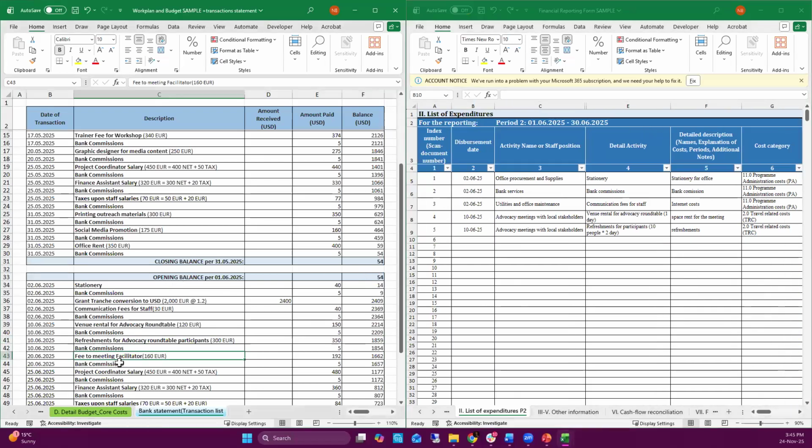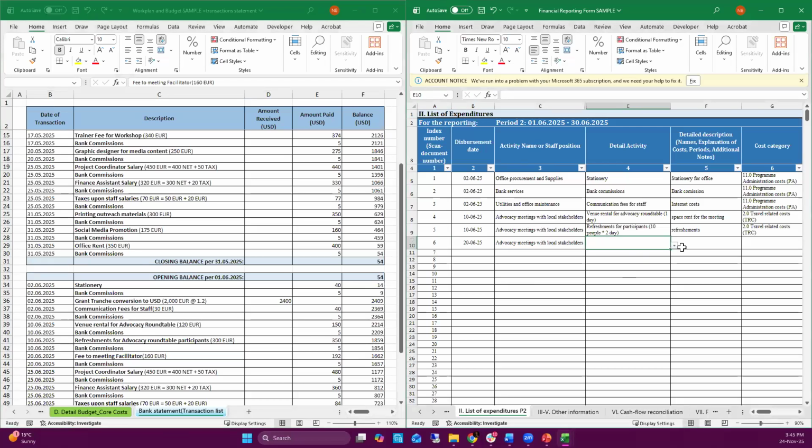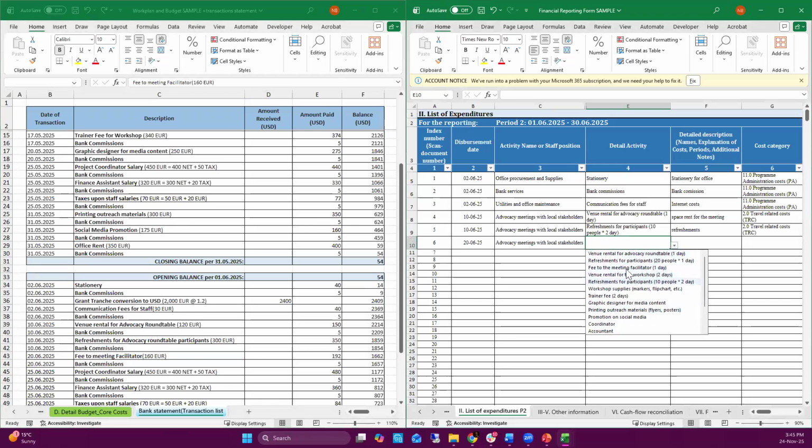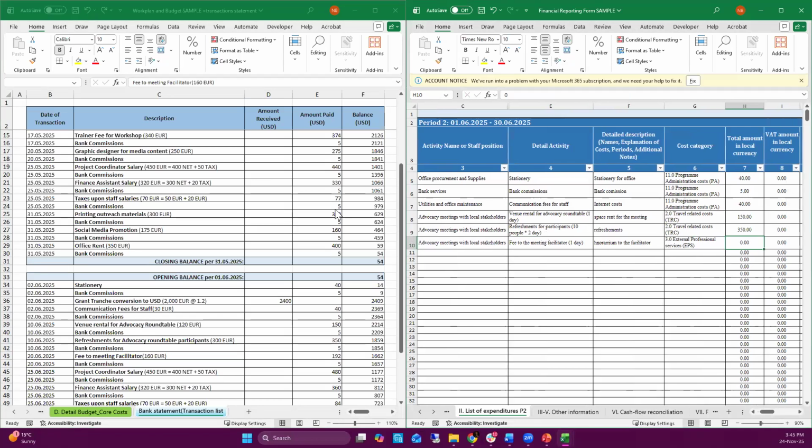Next, we have paid a fee to the meeting facilitator on the 20th. Fee to the meeting facilitator here. So value to the facilitator. I'd like to draw your attention to why it was paid this amount here.